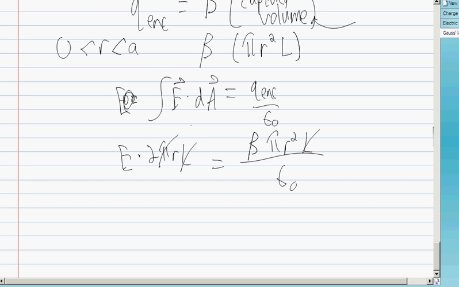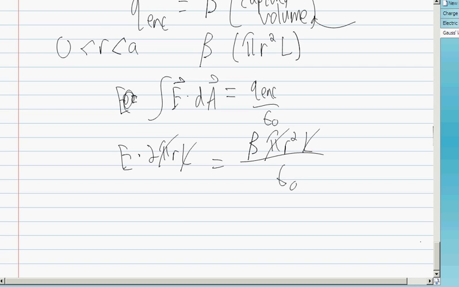The pi's go away. And we have E equals beta R squared over... Oh, I'm sorry, one of the R's goes away, doesn't it? So it's just... Let's see if we can erase that. Okay, over 2 epsilon naught.